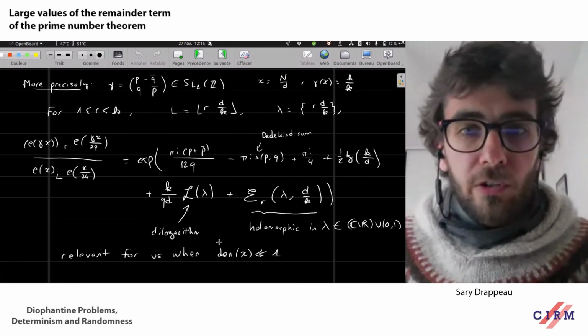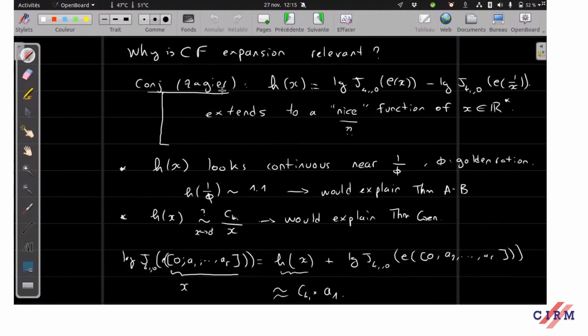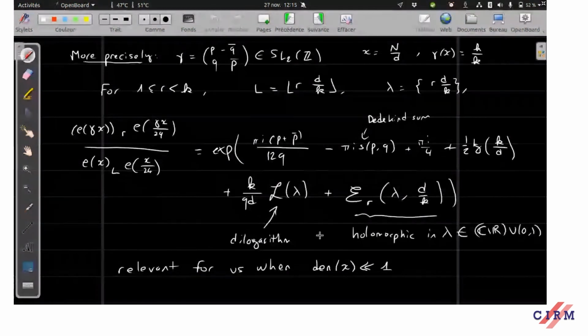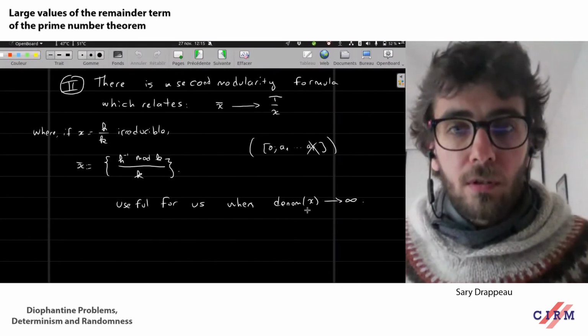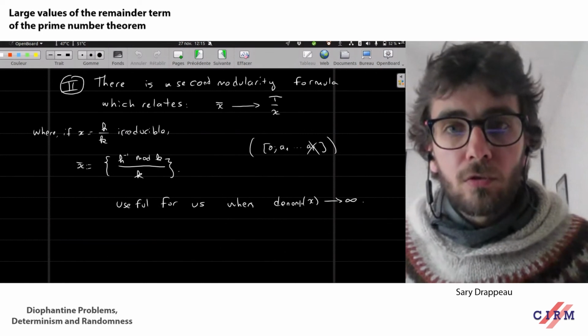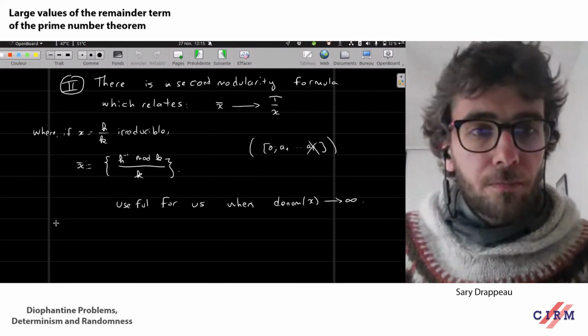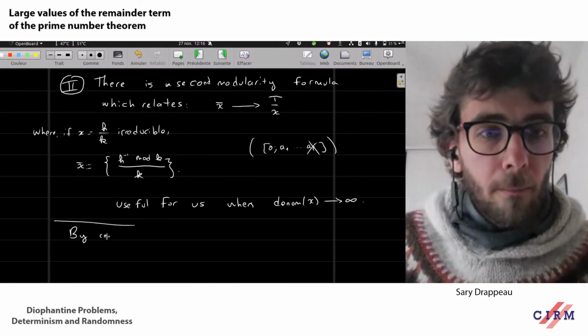So if we could get rid of this condition, we would be getting very close to the Guess conjecture. We are not able to right now. But by proving this complementary modularity formula, which has a lot of disadvantages, but has the one big advantage that it's useful as soon as the denominator goes to infinity, and by combining the two, we can successfully iterate the formula.